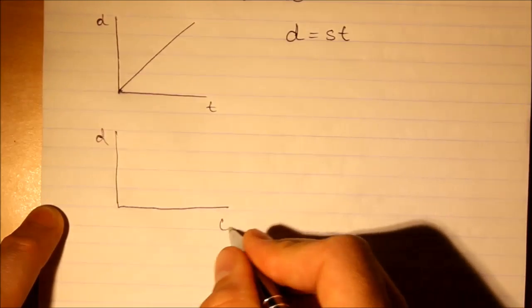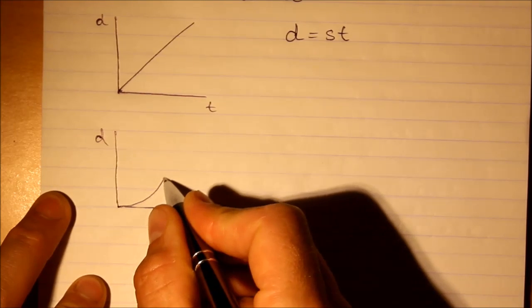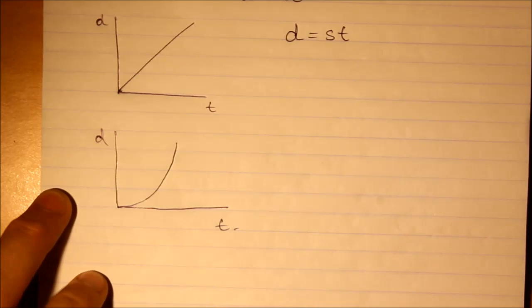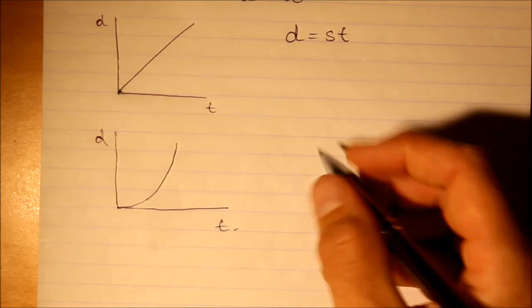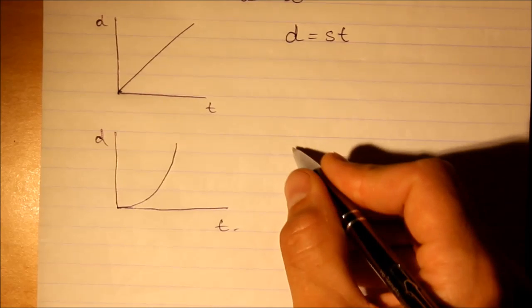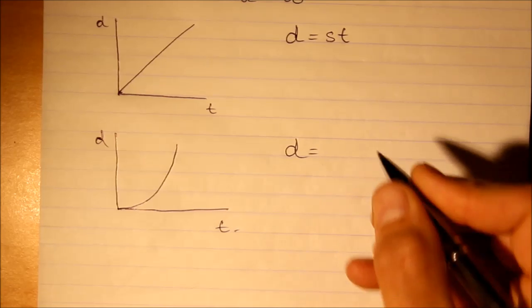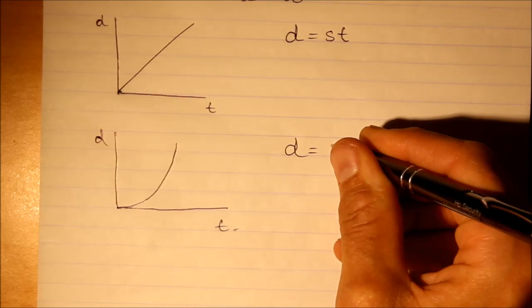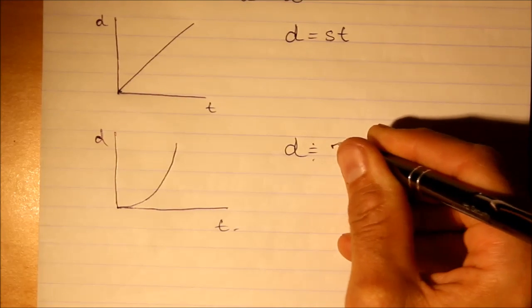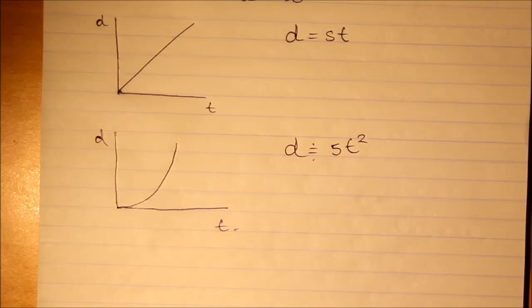when you drop a ball from a building, it doesn't just go at a constant speed. It accelerates due to gravity, and it follows a known rule since Newton. So distance travelled is, now this is approximate, 5t squared. That's a rule.